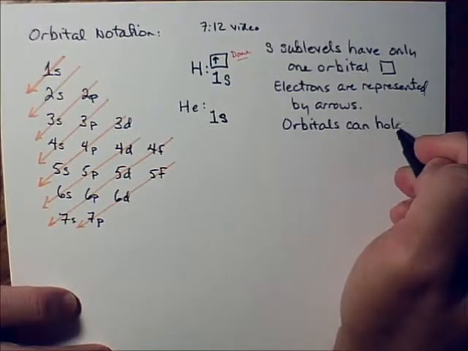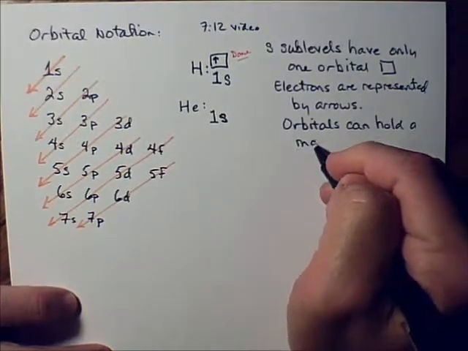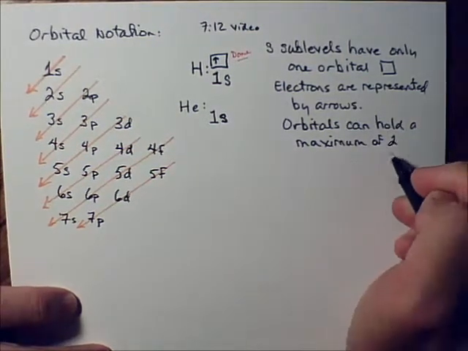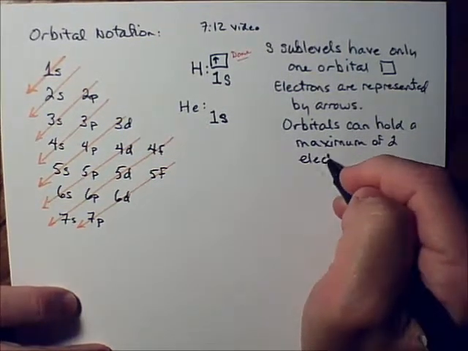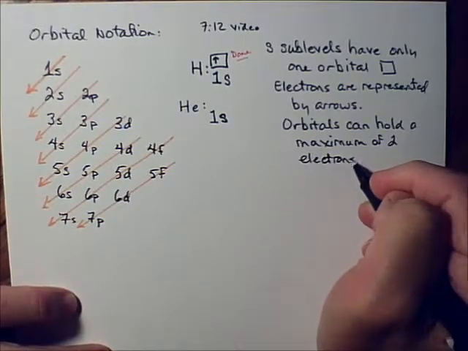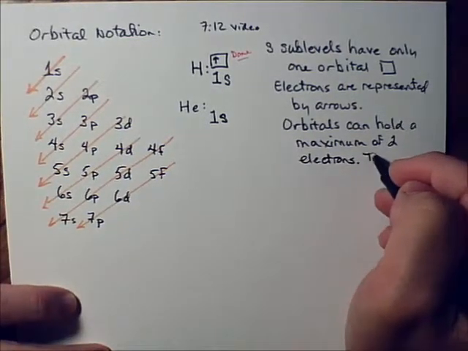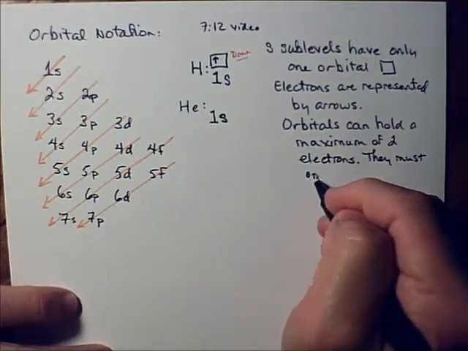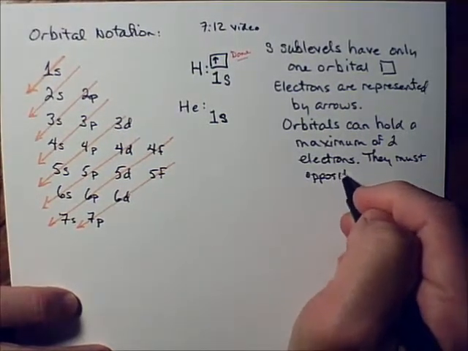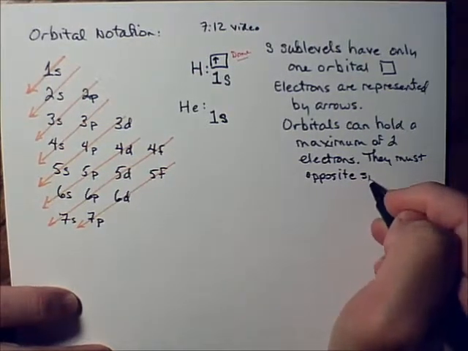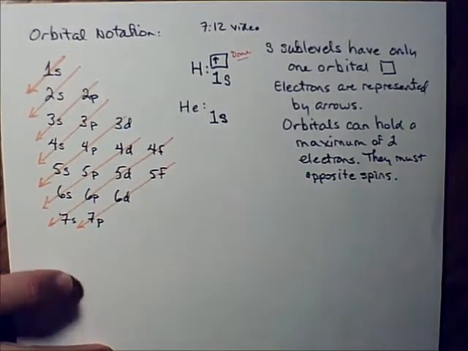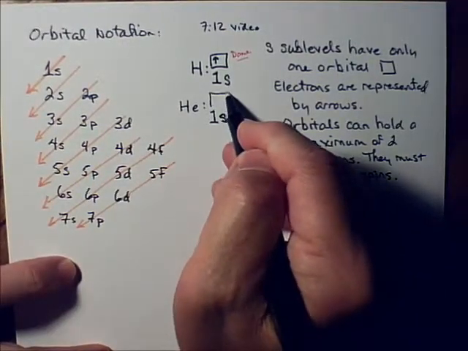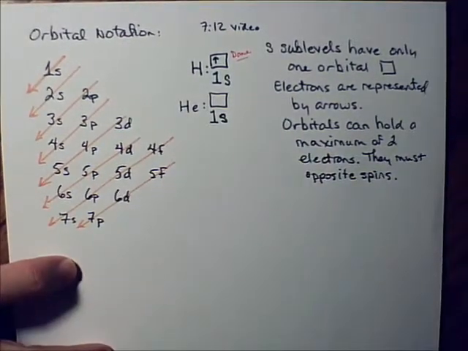Orbitals, and that's what that box represents, can hold a maximum of 2 electrons. They must have opposite spins. So here's our representation of an orbital in orbital notation.